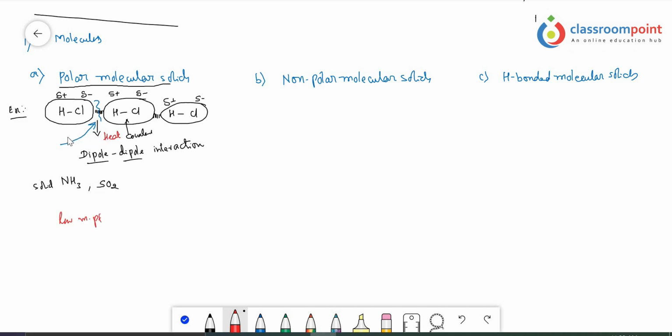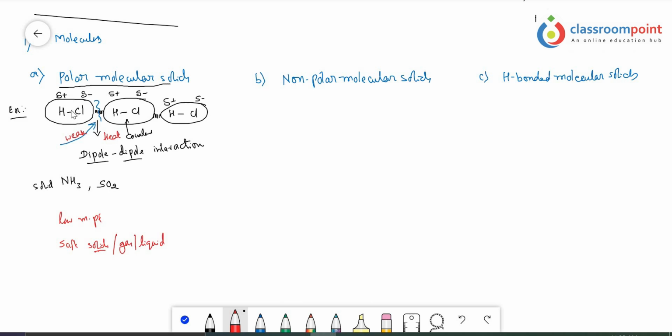At the same time, as I said, these attraction forces are so weak that it is not only easy to break, we can easily compress these molecular solids also. Hence, these are very soft in nature. Soft solids. Because of the weak attraction force, they exist not only as solids but also in the gaseous state, even in the liquid state.